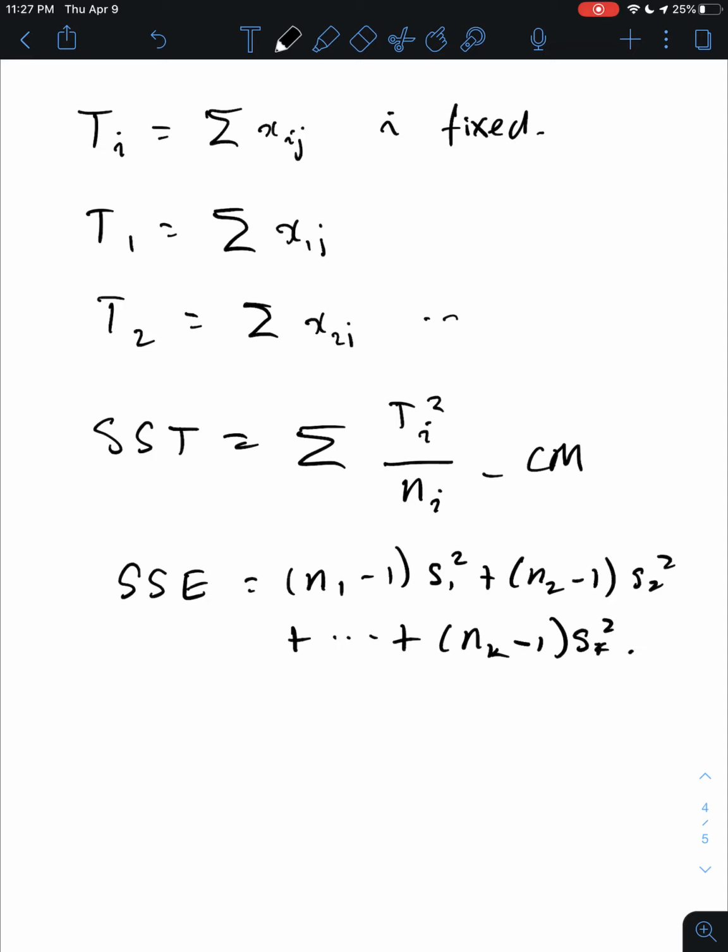So this says for each of our treatments, we're going to take the sample size for each treatment, subtract 1 from it, and multiply it by the standard deviation squared, the variance, in other words, for that treatment. So here's the variance for the first treatment multiplied by the sample size minus 1. We add up all those things.